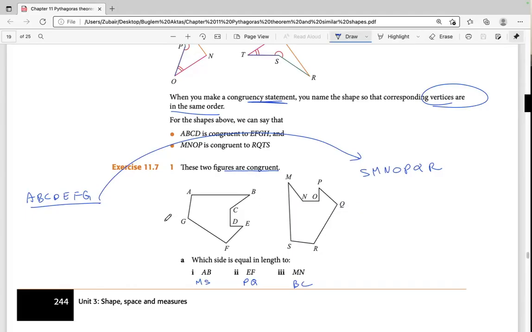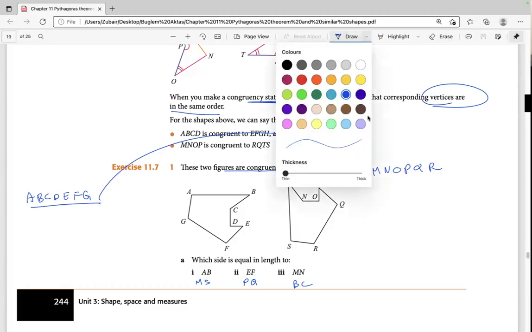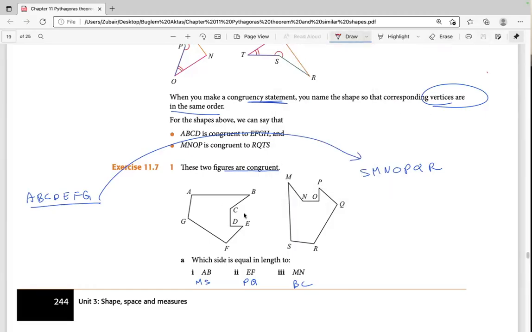So basically now what we can say is these coordinates are magic for us. Without looking at the diagram, I can say AB is similar to SM. Now just look at the diagram. Is it so? Yes. Now without looking at the diagram, I can say angle DEF is similar to angle OPQ.